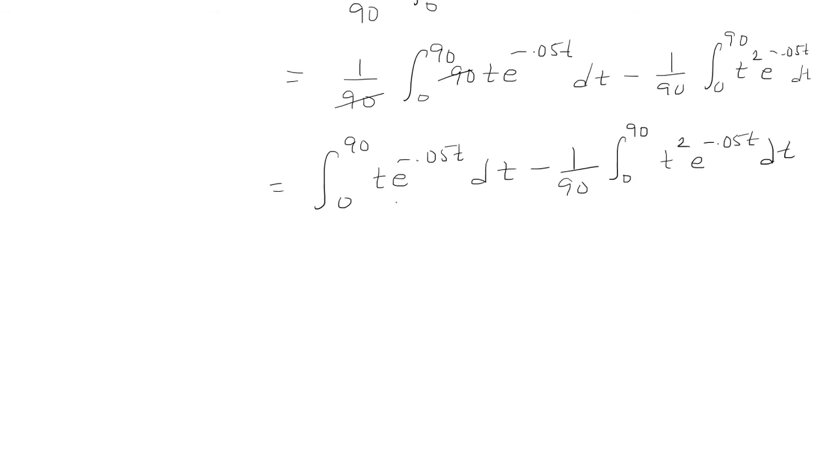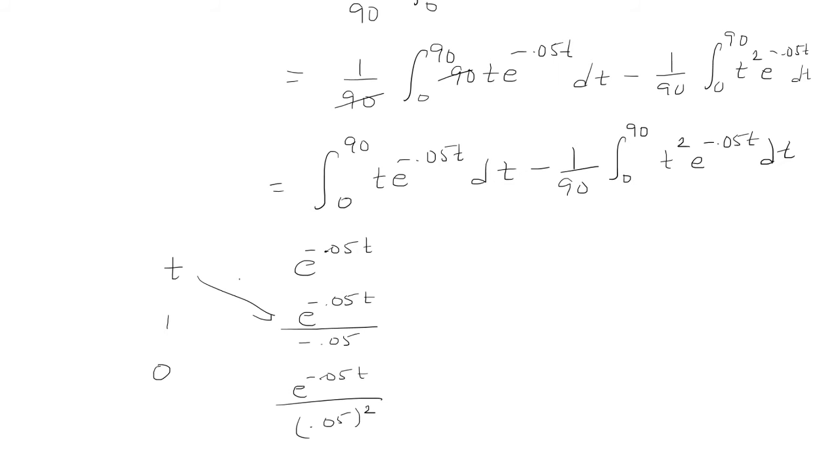So we're going to have to use integration by parts, or tabular integration, to find both of these integrals. So we'll start off with the first integral. We'll start with t and e to negative 0.05 t. For tabular integration, t is the one we're going to be differentiating until we get 0. And then we're going to find the antiderivative of e to negative 0.05 t, so take the antiderivative twice. Then we look at the diagonal, so this will be plus, and this will be minus.